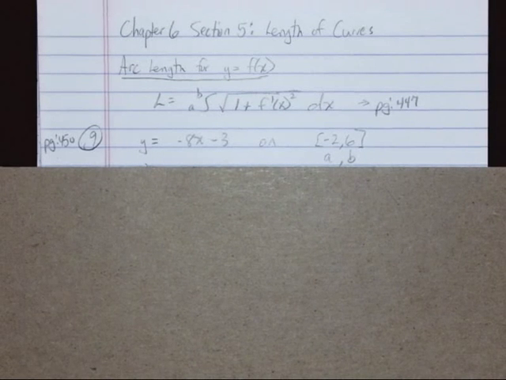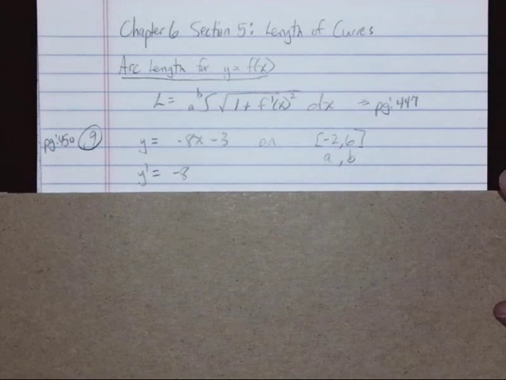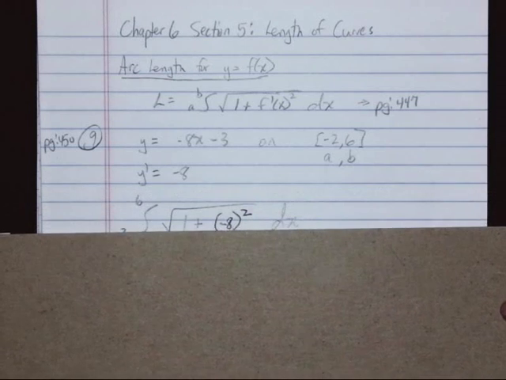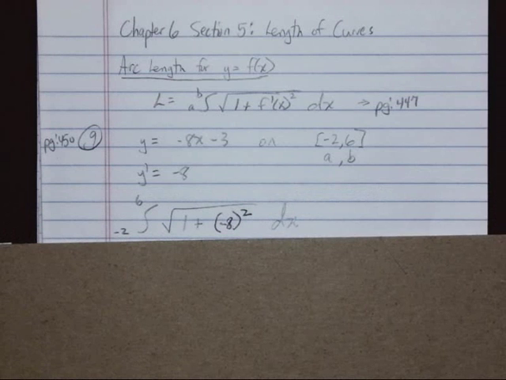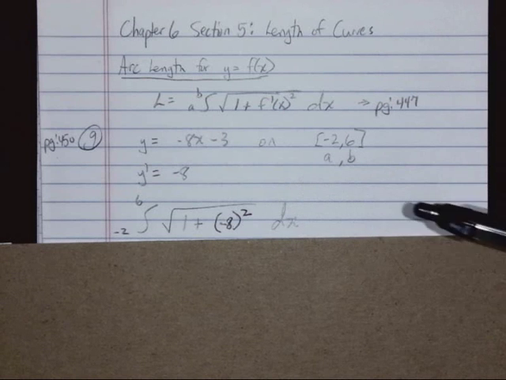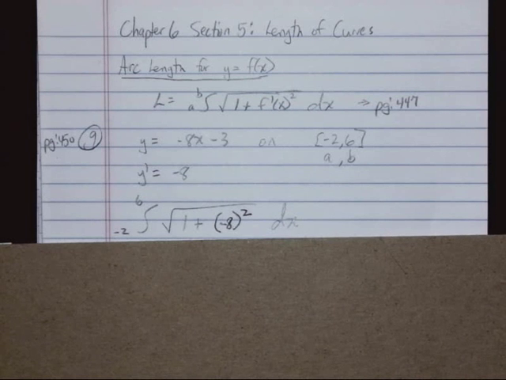Okay, and then we want to find the derivative of our function, so y prime, which in this case is -8. So now we can plug our information into our integral. We've got A and B. We've got 1 plus -8 squared, since f prime is -8. So then we want to integrate this.